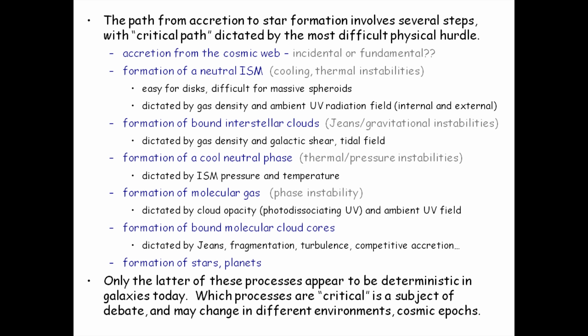In some order, and these may not be in the correct order in all galaxies, even today, you have to form bound clouds. Obviously, you have to have a gravitational instability take hold. That gas has to cool first to of the order of 100 degrees Kelvin in a cool atomic phase. That atomic gas then needs to form molecular gas or molecular clouds.